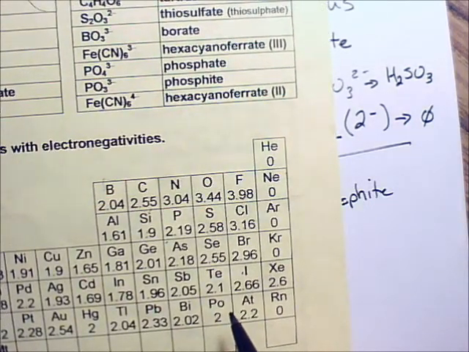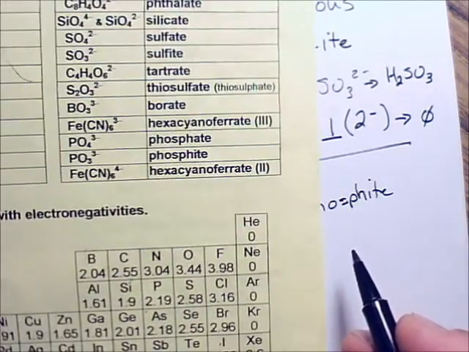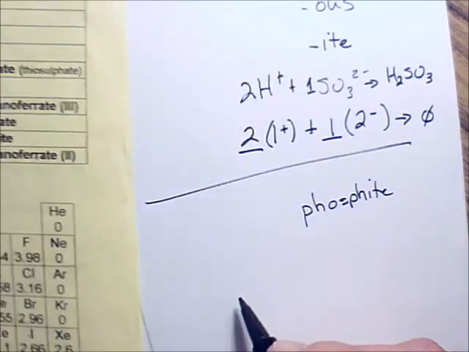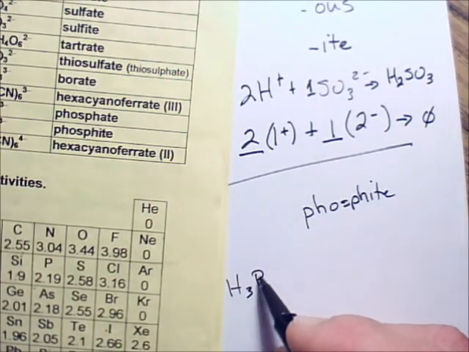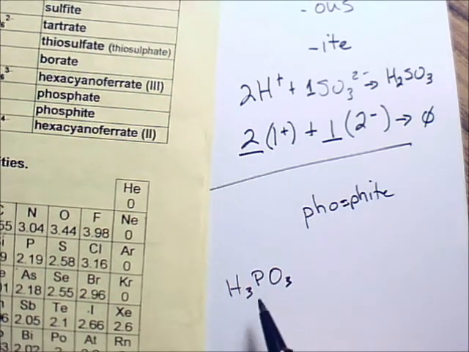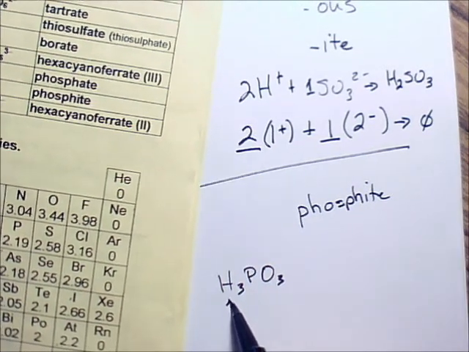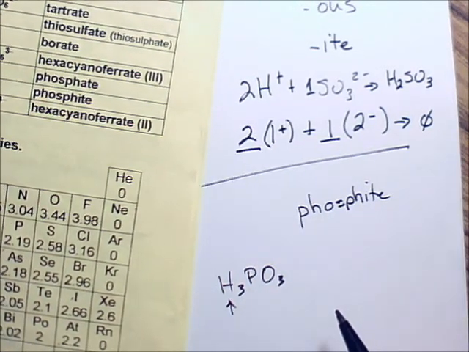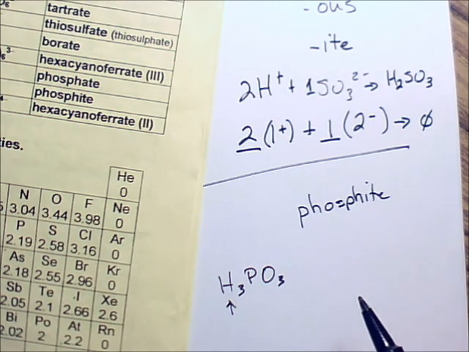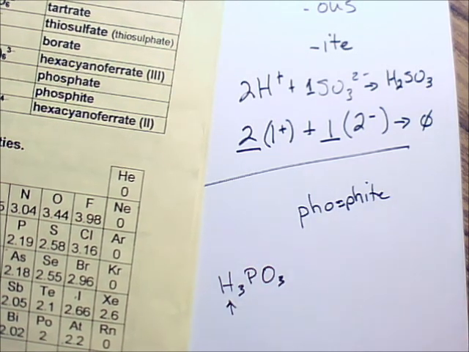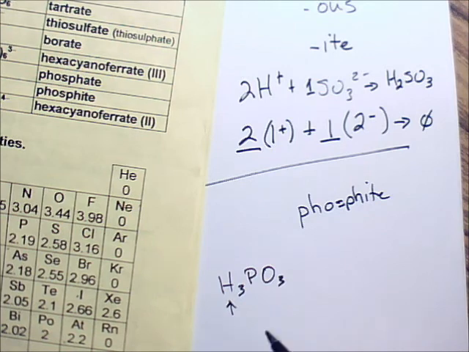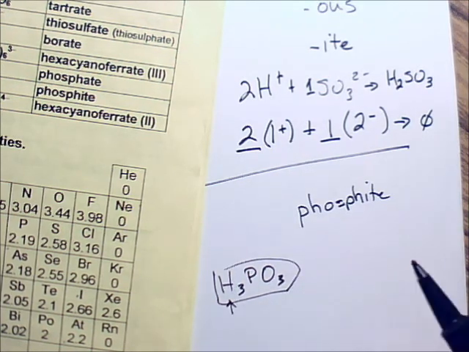Okay. And then the H3 on the front, H3PO3. Whenever we have a formula with H's on the front, what is that? It makes it an acid, right? Yeah, it's a hydrogen, but what kind of compound is it with an H on the front?